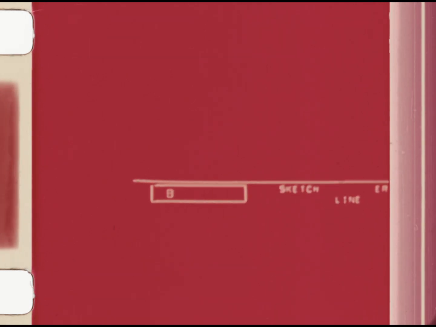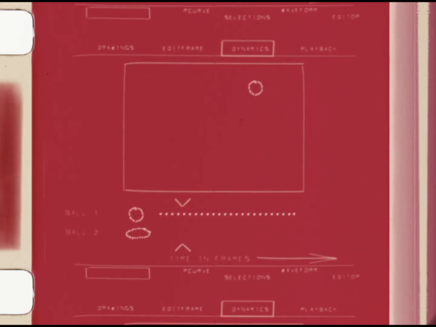Let's go back to the bouncing ball and give it a little more character. Recall that the original bouncing ball had a squashed cell at the point of contact. Therefore, for the P-curve version, Lynn sketches a second cell and calls it ball 2. To help her put this ball where it belongs, Genesys displays a selection graph that tells us which ball is to be used in each frame.